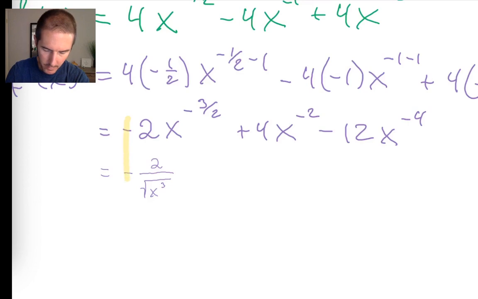The negative is here, the 2 is here, the x is here, and then that exponent, well, you just got to practice, brush up on that stuff.